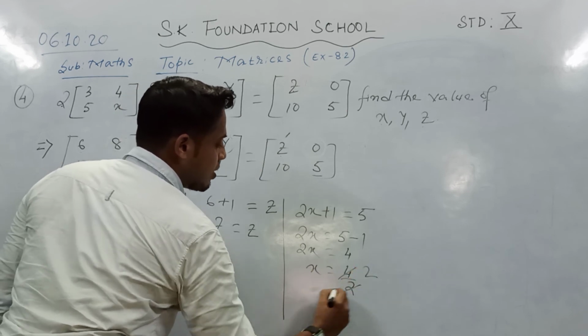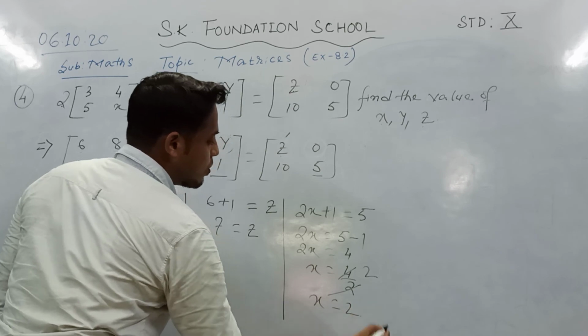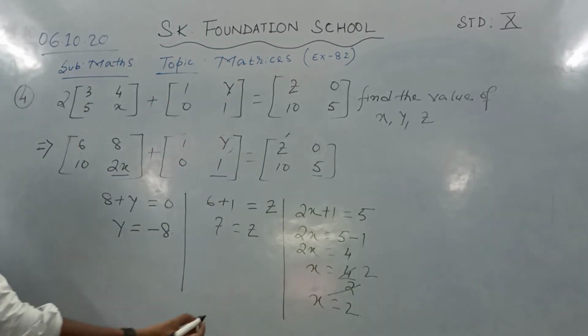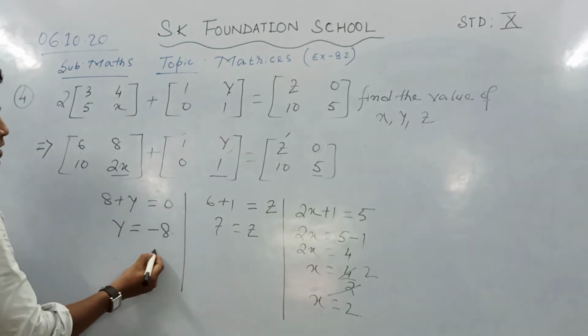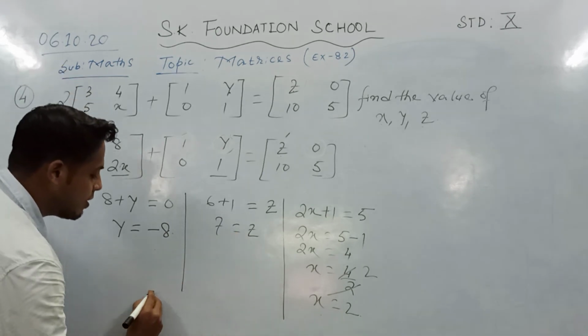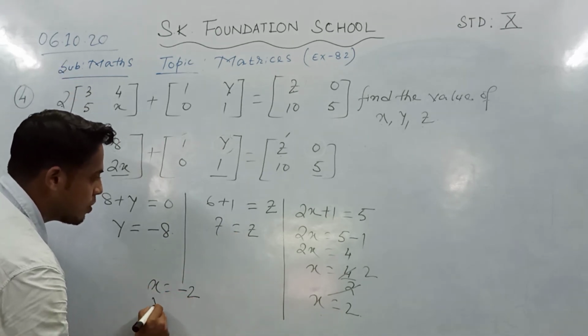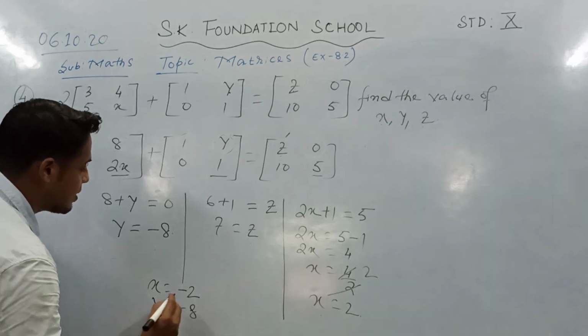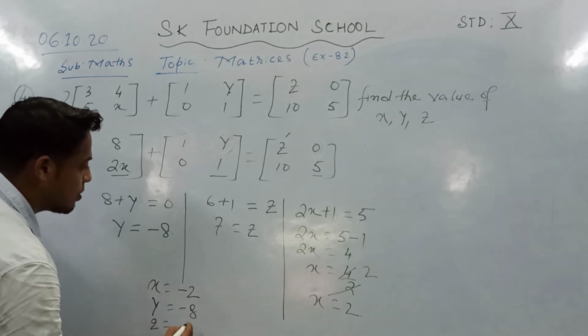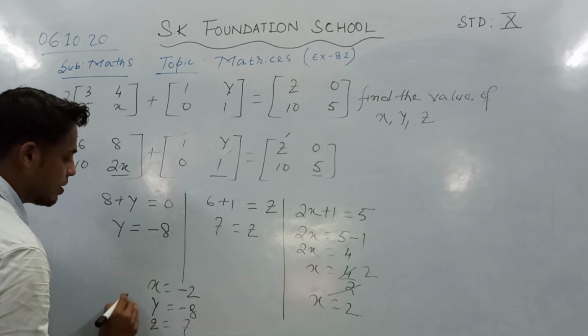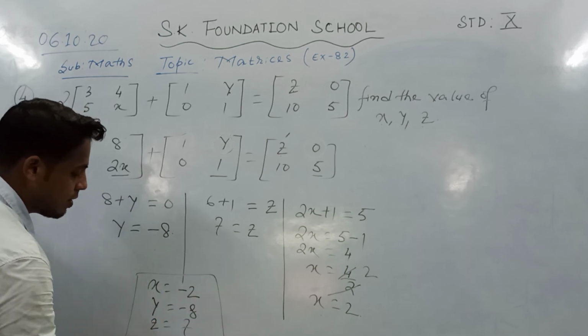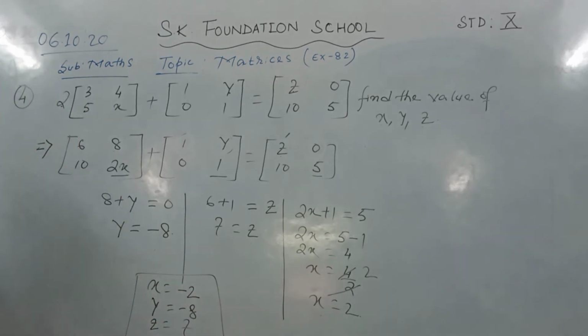They cancel out, x equals 2. So the value of x is 2, y is minus 8, z is 7. Clear? This is our answer. Understood?